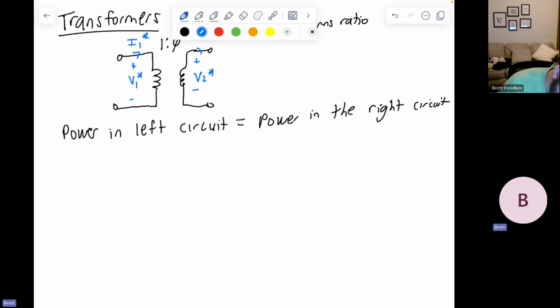The power in the left circuit, if you think about power from your Physics 2 course or your electricity type of course, your circuits course, is the product of voltage and current. That is the product of them.